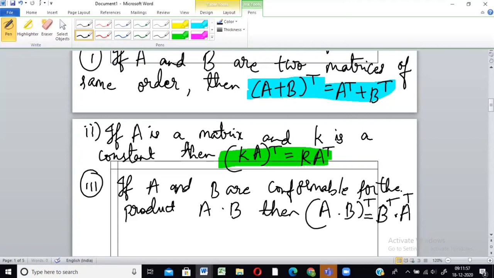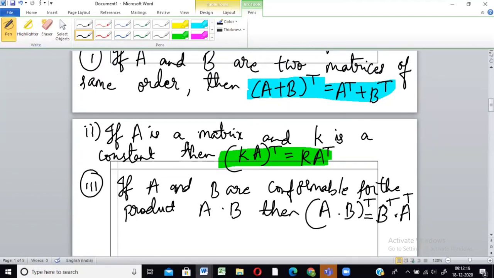So this one will be ulta actually. This is the only thing where you have to be careful. A into B the whole transpose will be equal to B transpose into A transpose. Addition doesn't work like this. Addition means the same thing; even if you write B transpose plus A transpose, it doesn't make a difference. But here it is always ulta. A into B the whole transpose is B transpose into A transpose.